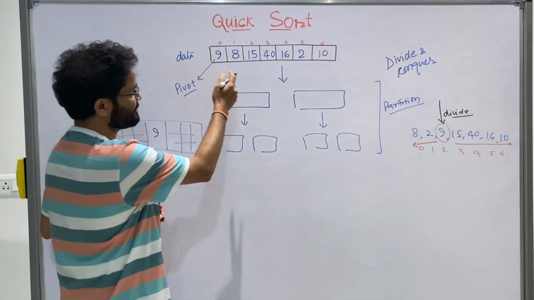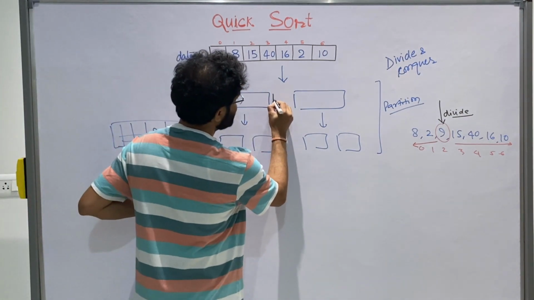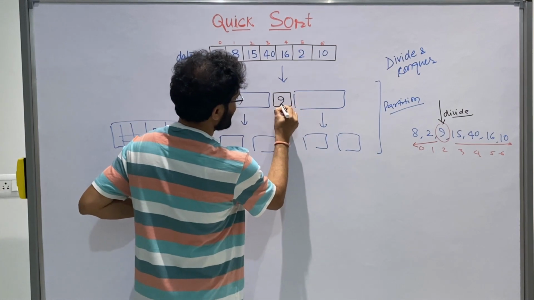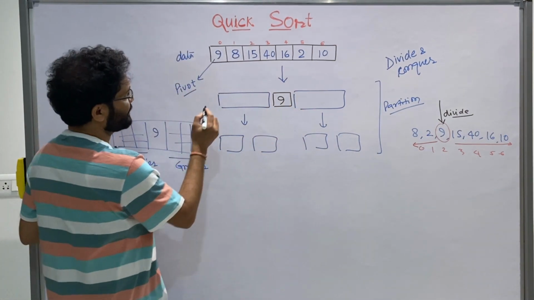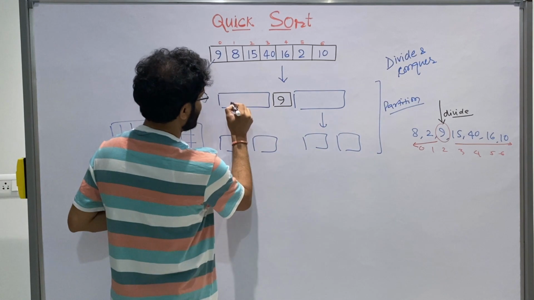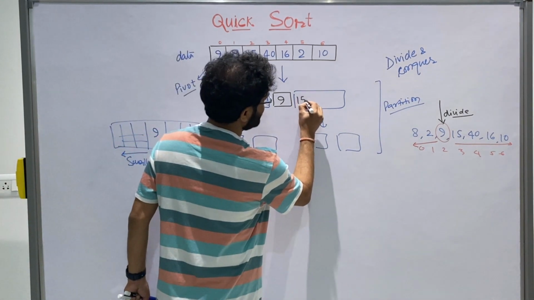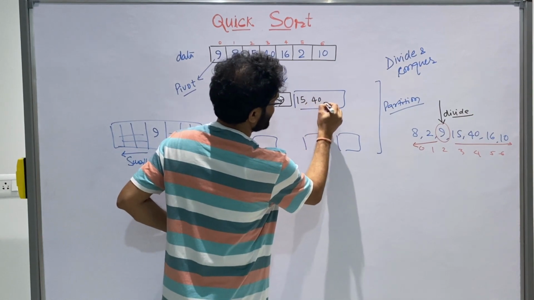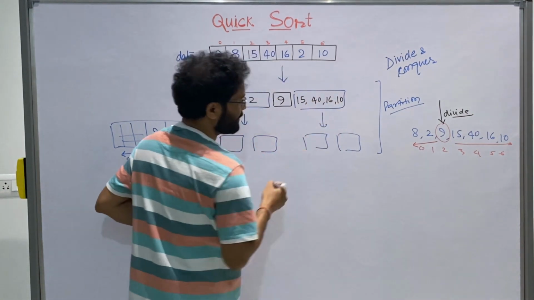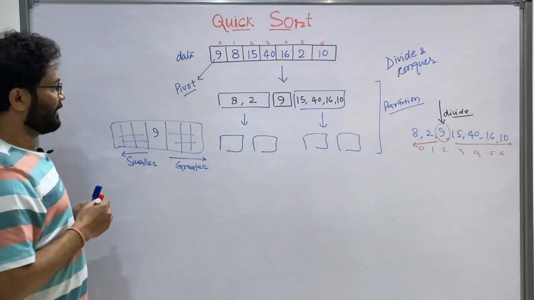In this case, if 9 is the pivot element, then on this side will come 8 and 2, and on this side will come 15, 14, 16 and 10.